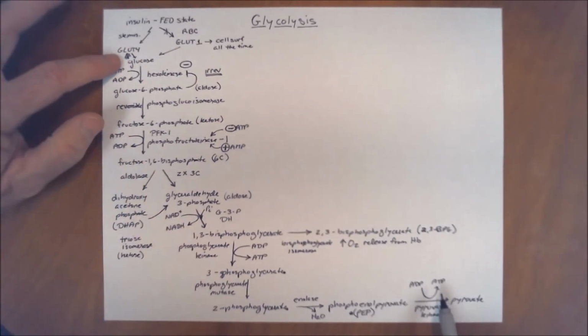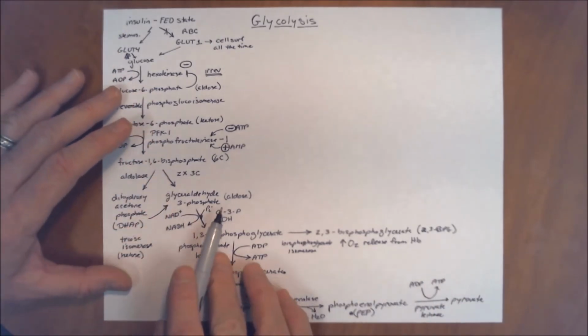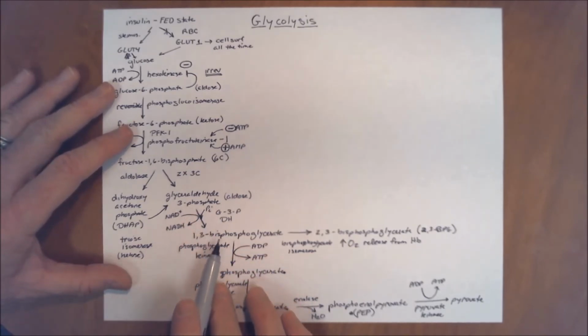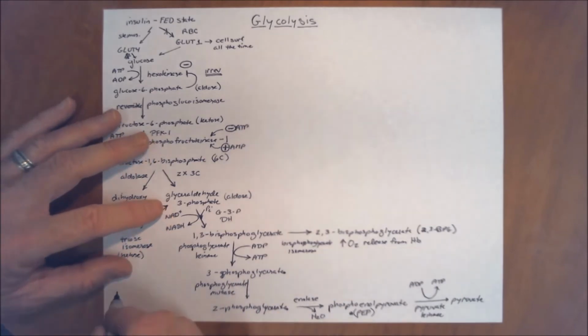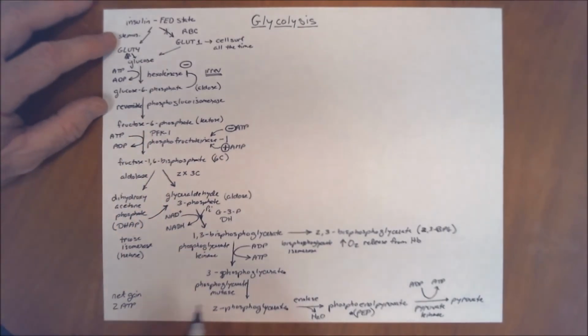We have 1 hexose going into the reactions. At this point, after the preparative phase, we have 2 3-carbon molecules continuing, and so these ATPs we multiply by 2. So we have a net gain of 2 ATPs going from glucose to pyruvate.